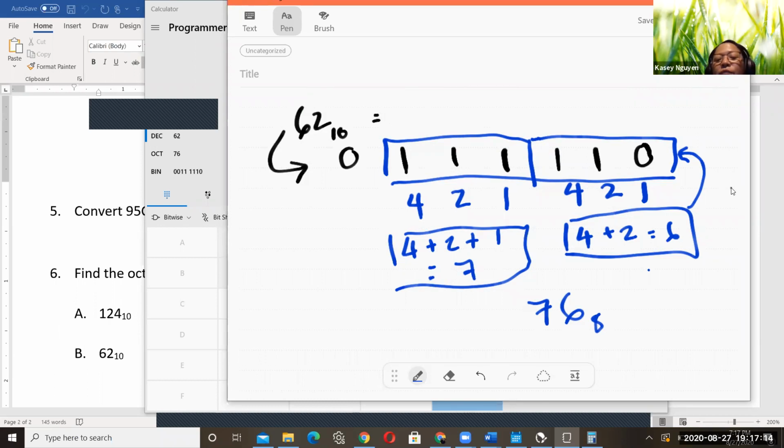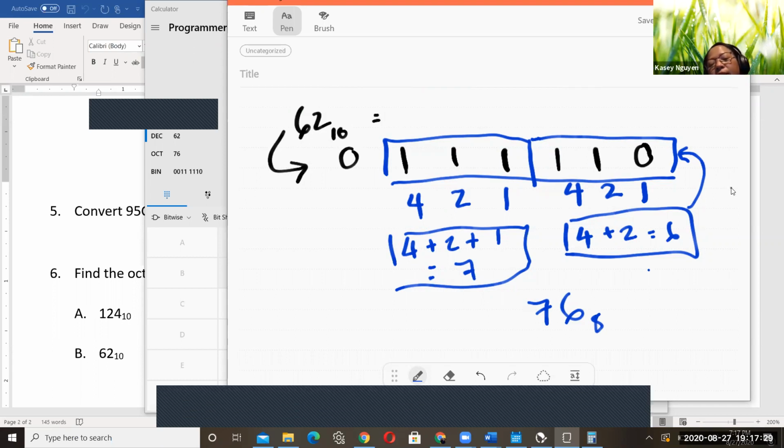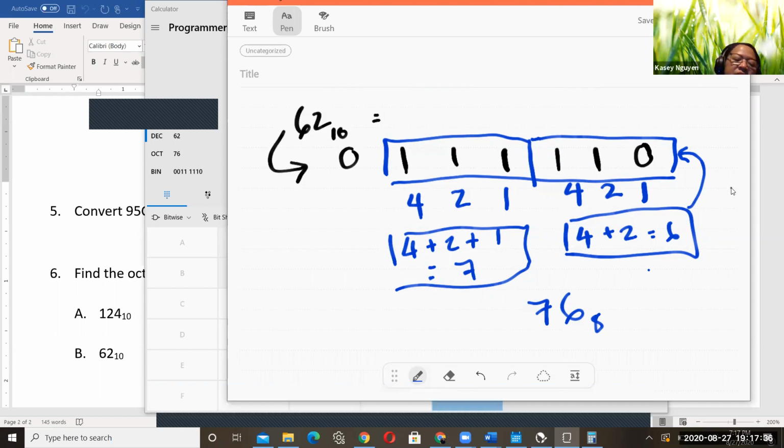So if you create a program, you write functions to convert to binary, then convert to octal. So you got a little bit of 6A in division and 6B in binary octal conversion.